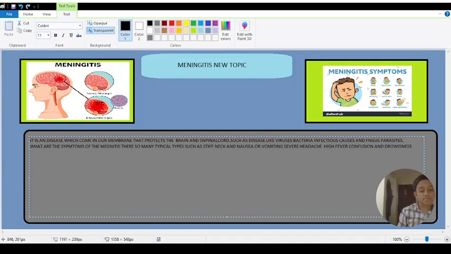Confusion and drowsiness mean the person can't understand anything, can't walk properly, can't think properly, and can't speak properly. These symptoms happen in strokes also, and they happen in meningitis. All brain infections and diseases cause these types of symptoms.